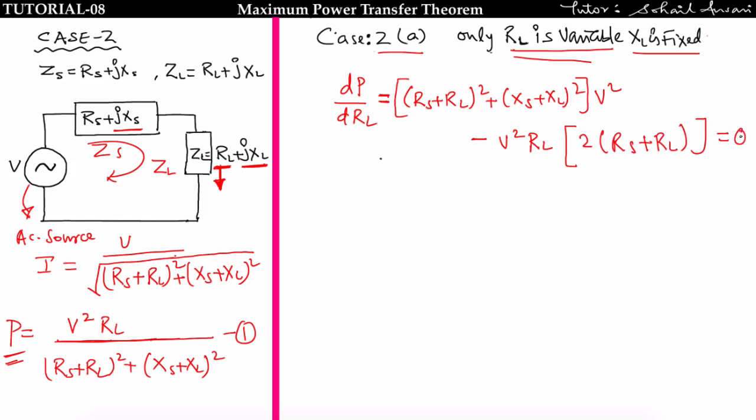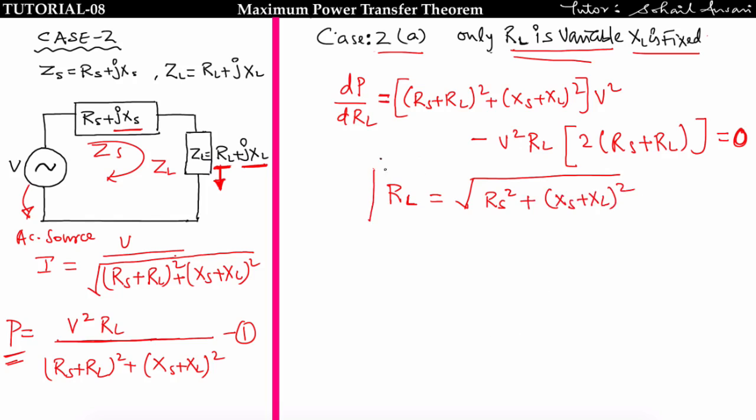Now equate this equation to 0 in order to find at what value of RL the source will transfer maximum power. After equating it to 0 and solving, you will get RL equal to the square root of RS square plus (XS plus XL) whole square.